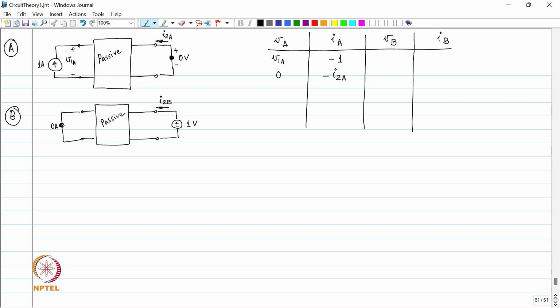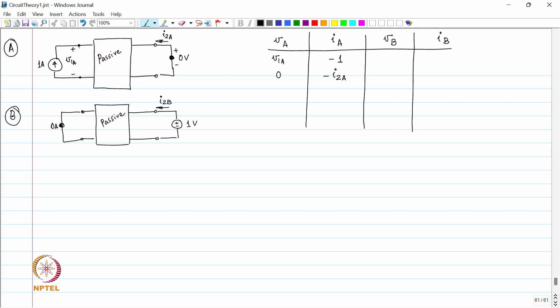No, it is always along that voltage from plus to minus. So, it is minus I 2 A. No, you could have done that, but we have not. We have put plus on the top, minus at the bottom. You could have done that. That would have been okay.